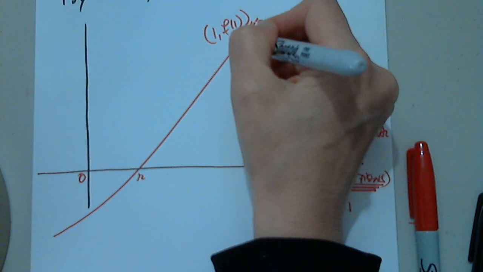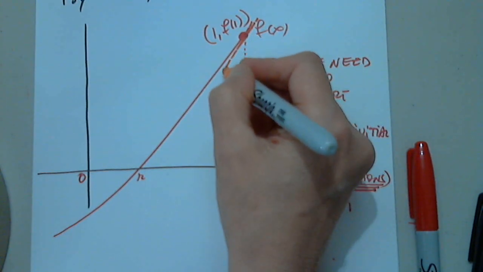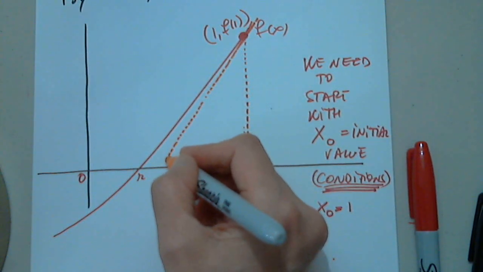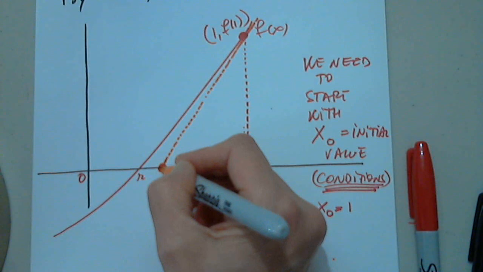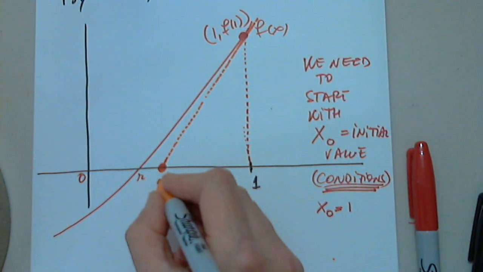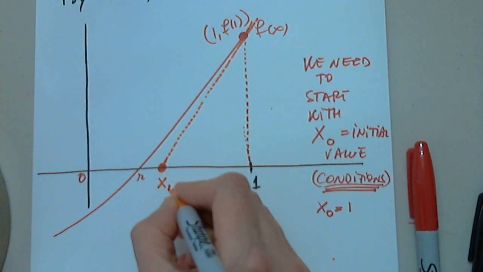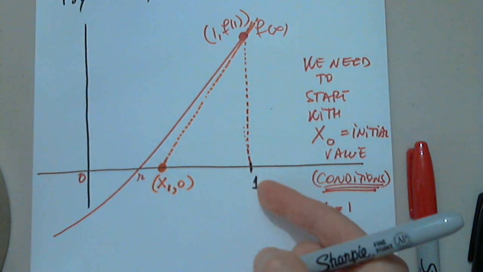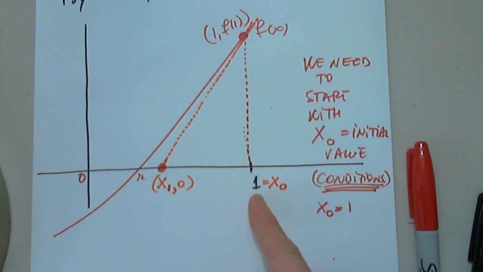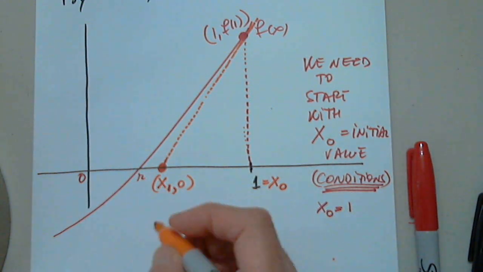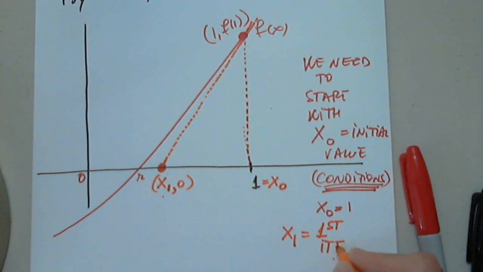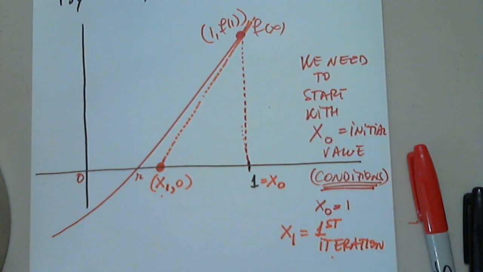So I'm going to draw a tangent to the graph. I'm going to extend the tangent till it crosses the x-axis. Can I determine this point? Yes. I will call this point x sub 1, comma 0, because this was x sub 0. This was the initial value that I started with. This is my first iteration, x sub 1. Let me see how I'm doing with time.